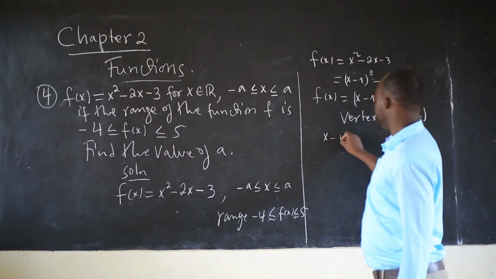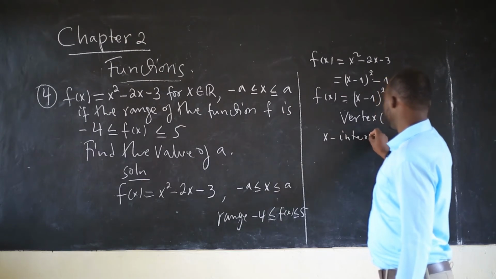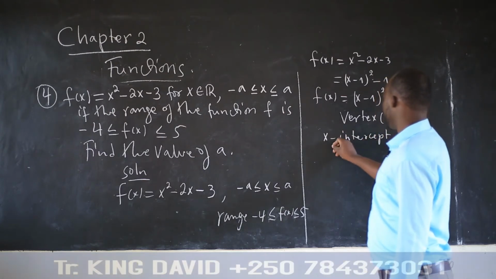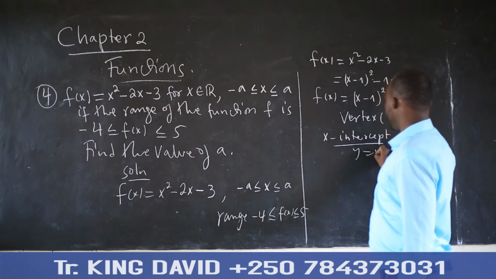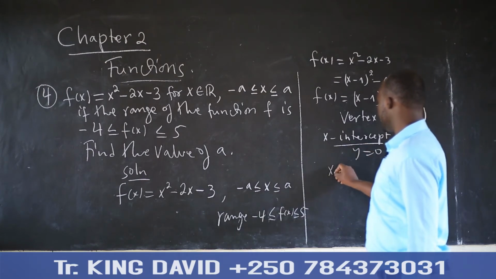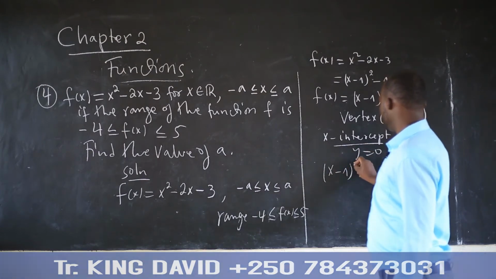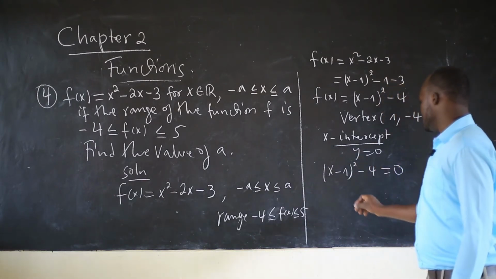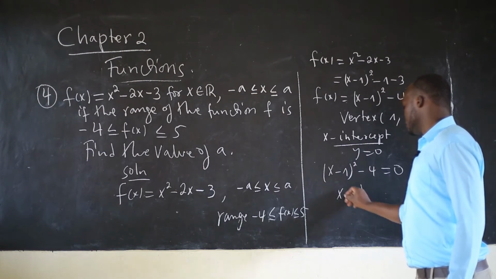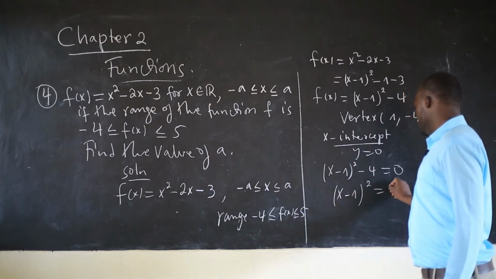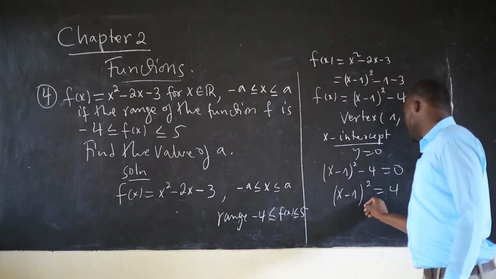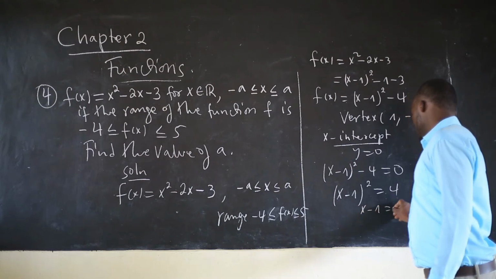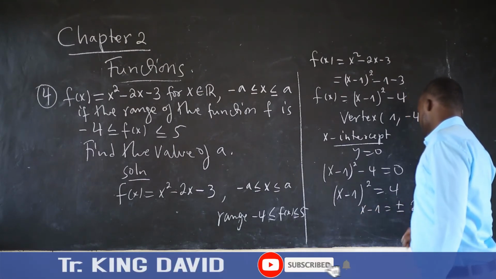So the x-intercept is when y is equal to 0. So if y is 0, x minus 1 squared minus 4 will be equal to 0. So this is x minus 1 squared, which is equal to 4. We find the square root. x minus 1 will be plus or minus 2 because the square root of 4 is 2.